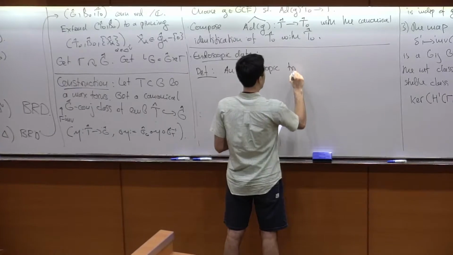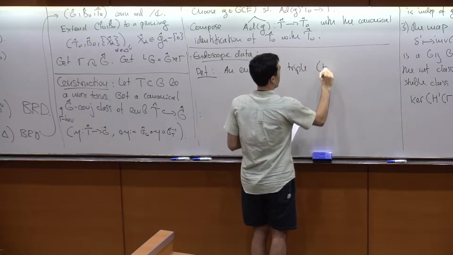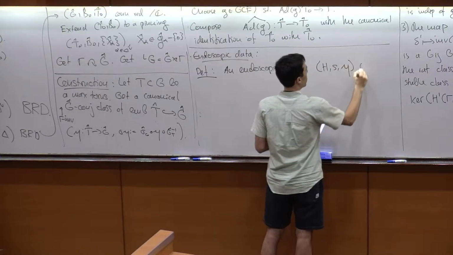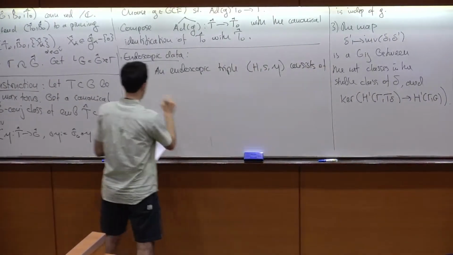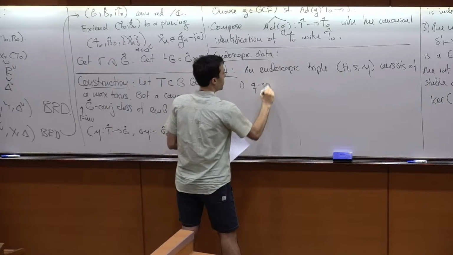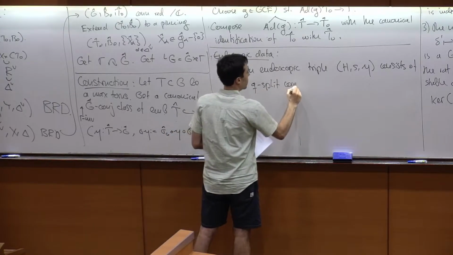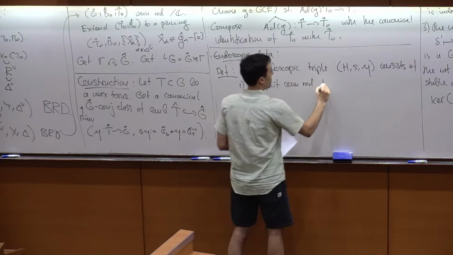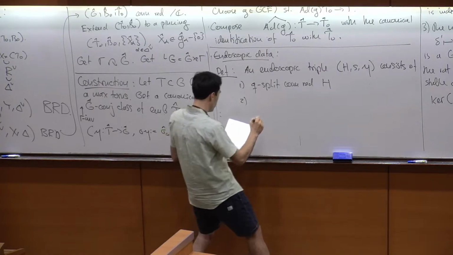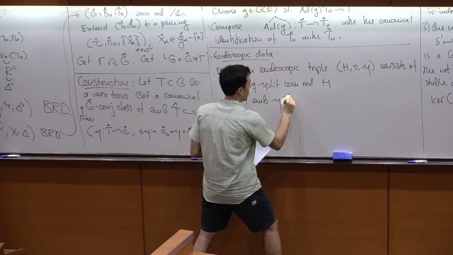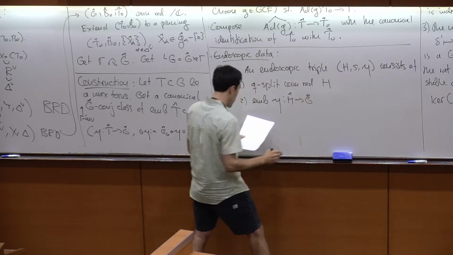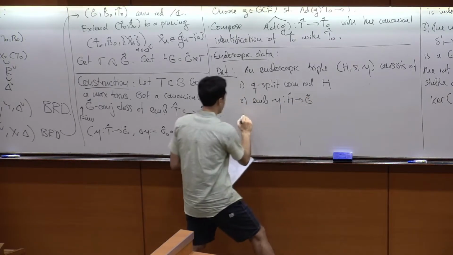An endoscopic triple, H, s, eta, consists of what? One, a quasi-split connected reductive group H. Two, an embedding eta from H hat into G hat of complex algebraic groups.